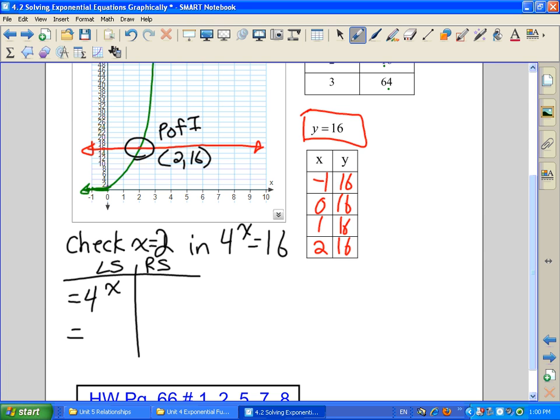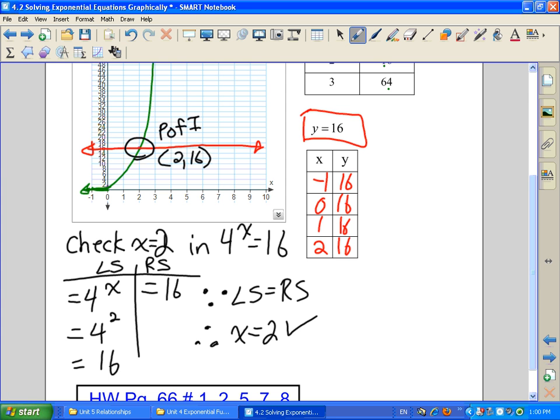You sub in your x value, so it's going to be 4 squared, which equals 16. And the right side already equals 16. And remember your proper communication there. Since left side equals right side, therefore x equals 2 is correct. And if your values weren't the same here, folks, then you would go back and check and see if you made a graphing error or an error in your check.